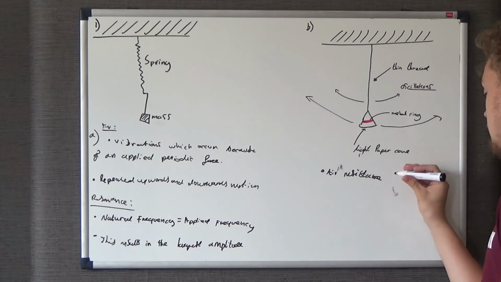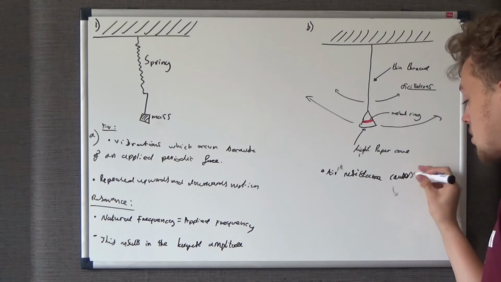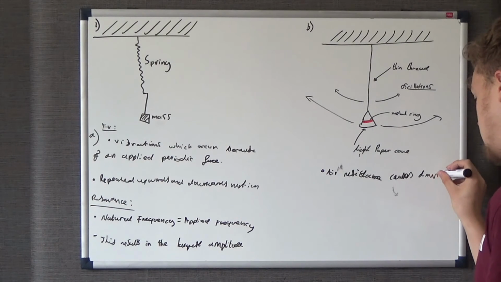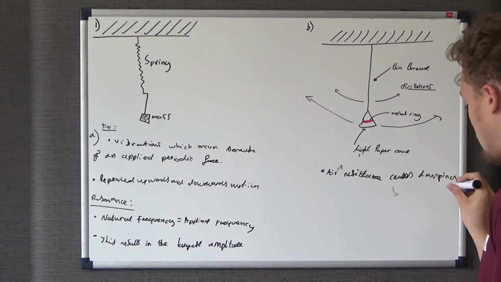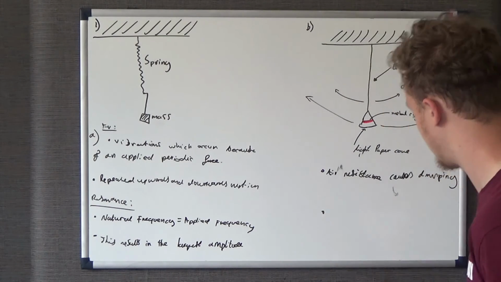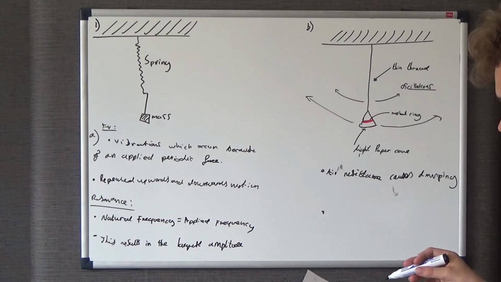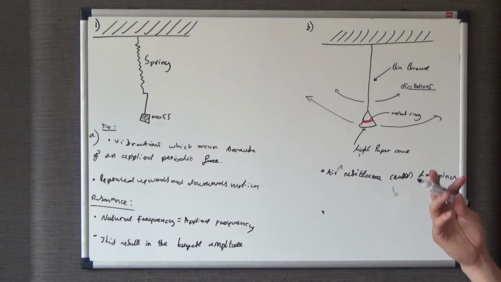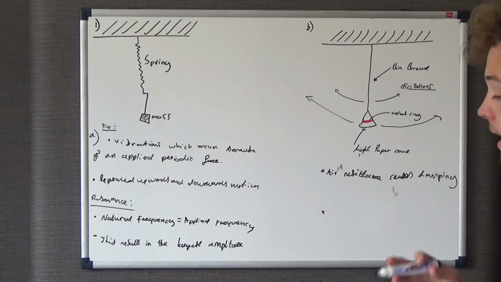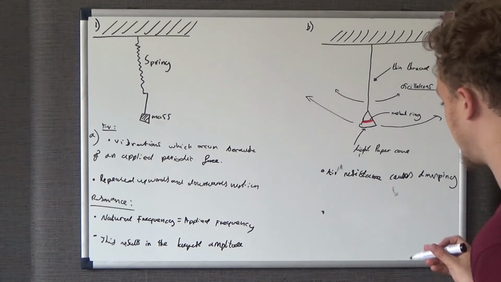So where this causes damping. Again, you can answer this in bullet points, or like a 5-year-old, like I'm doing. Stupid. And the air resistance causes damping, and then you need to explain the fact that the metal ring doesn't actually have any effect on the area.